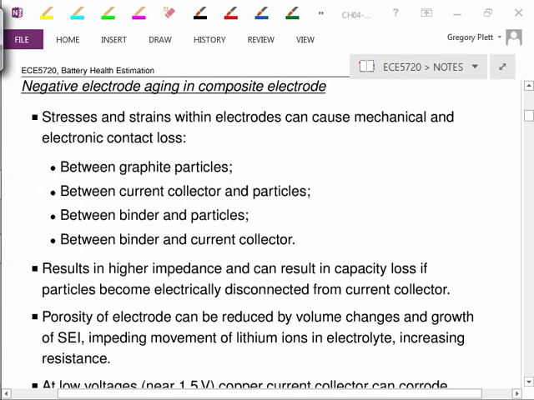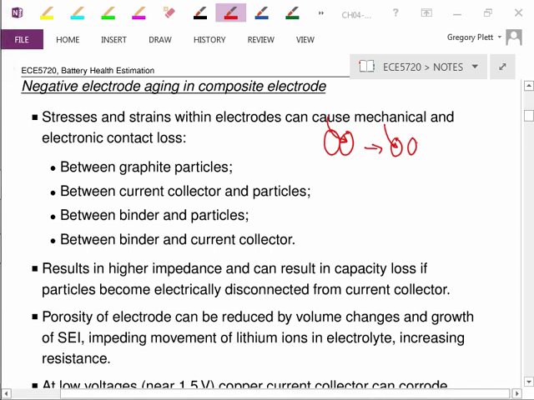Third place that we can have aging in the negative electrode is within the entire electrode structure itself. So there's stresses and strains caused by intercalation and deintercalation, and maybe even external pressure on the cell, that cause mechanical and electronic contact loss. So if I've got particles that are jammed together, and there's stresses and strains, over time those particles may not be jammed together anymore, and where I had electron conductivity, I no longer have electron conductivity because those particles are no longer joined.